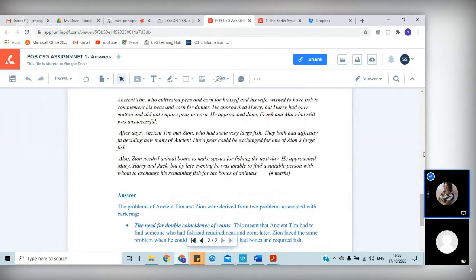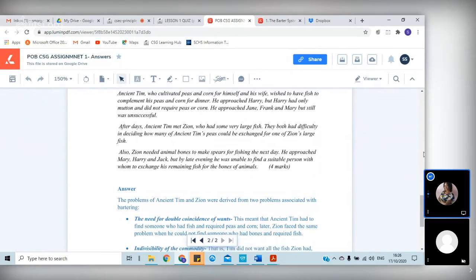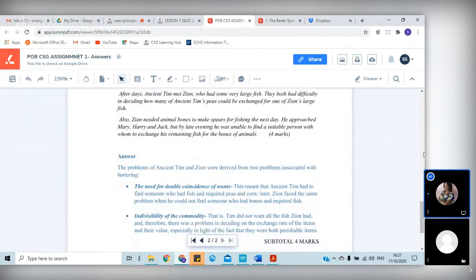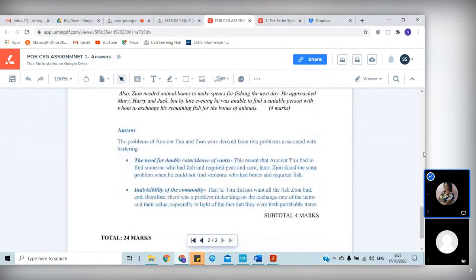So he had to go again and approach other persons until he finally found someone who had the fish that he wanted. Zion also faced the same problem when he could not find someone who had bones and required fish. There wasn't that double coincidence of wants.